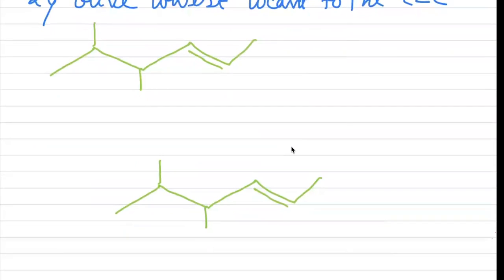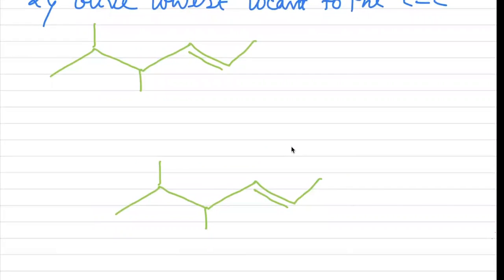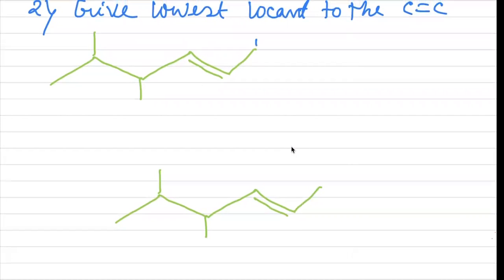So these are 2 compounds. We can do the numbering from this side, 1, 2, 3, 4, 5, 6, or we can do the numbering from this side, 1, 2, 3, 4, 5, 6.